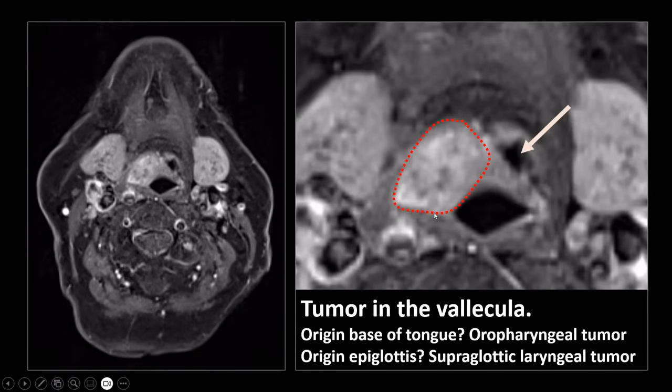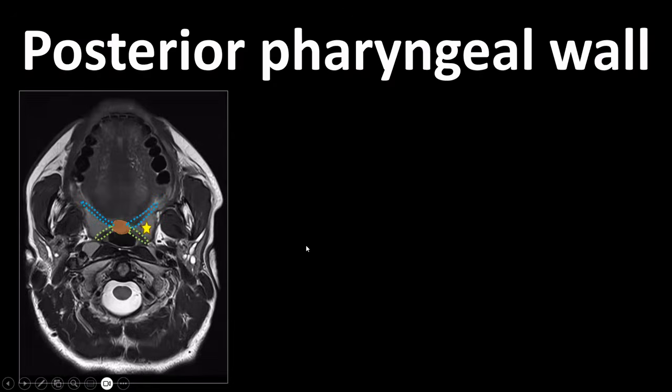If the origin is the epiglottis, which is theoretically possible, we are dealing with a supraglottic laryngeal tumor. In this case, I would feel inclined to say this is going to be a tongue-base tumor, completely obliterating the vallecula, but it can be very difficult and sometimes more a distinction based on gut feeling than hard arguments.